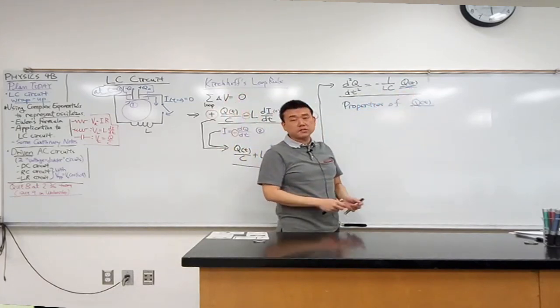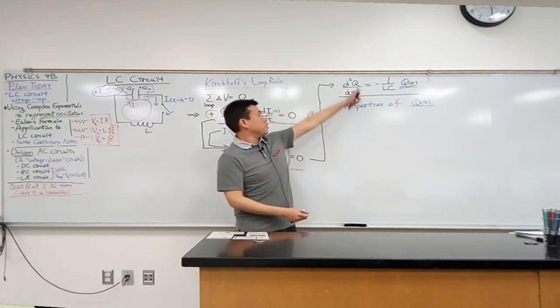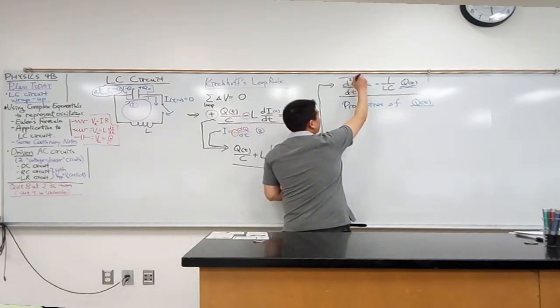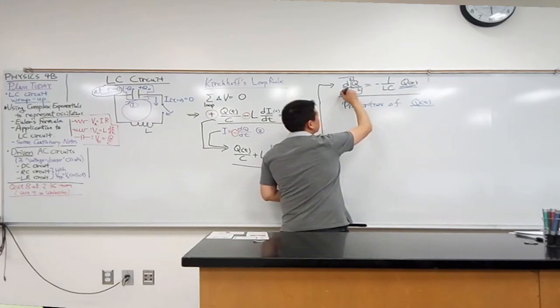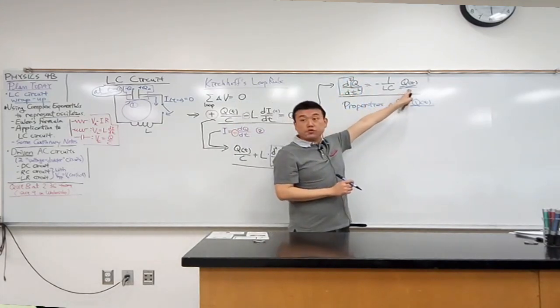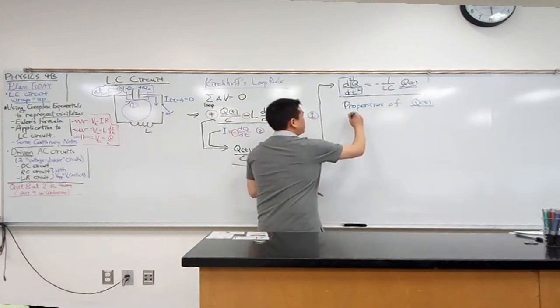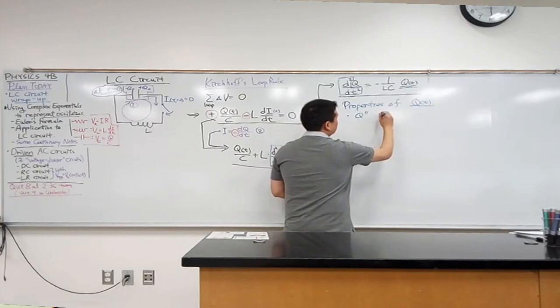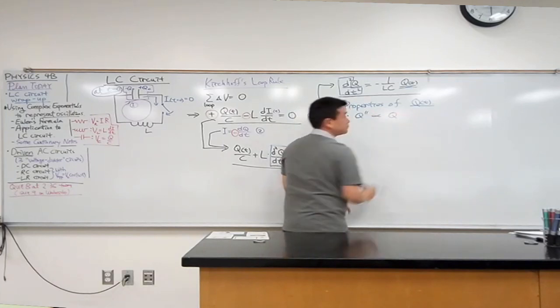So this is the most distinguishing feature of this function q of t: after you have taken two derivatives, the function that you get back is going to be proportional to q of t. Let me write it down this way: q double prime is proportional to q.